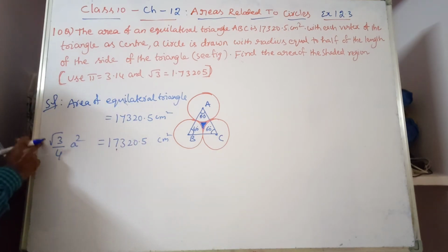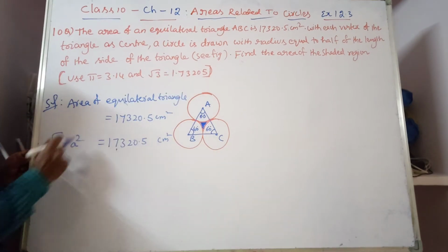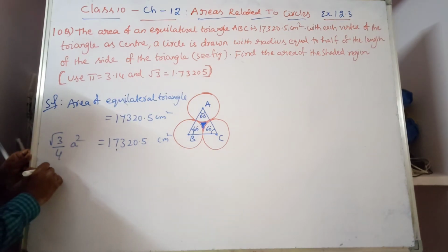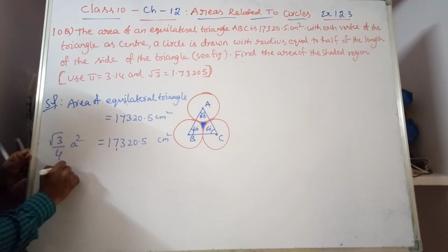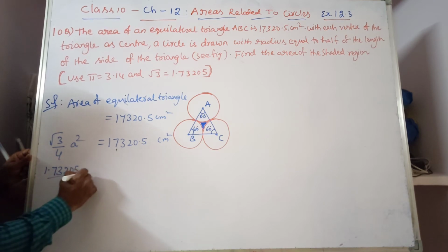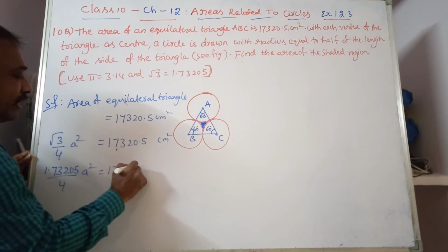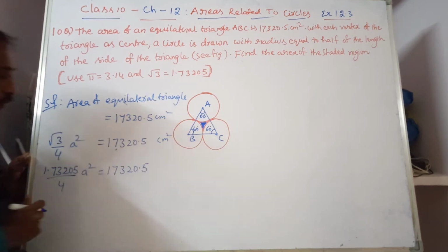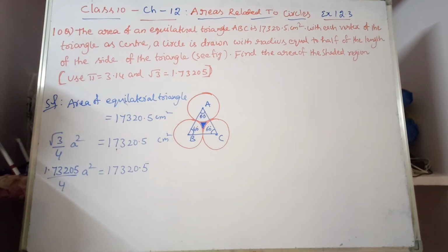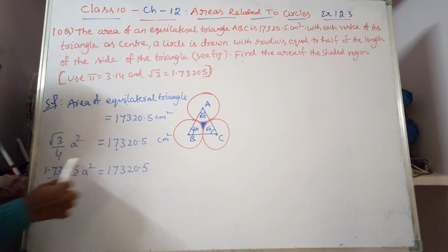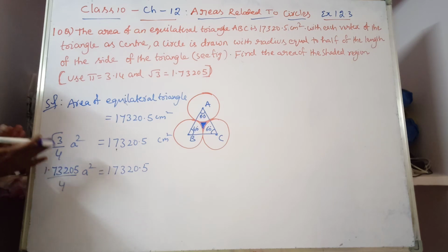Now what is the root 3 value he gave in the question? 1.73205 by 4 a square is equal to 17,320.5. Now on both sides we have decimals, 1.73205 and here 17,320.5. First convert the decimal into a fraction for easy calculation.